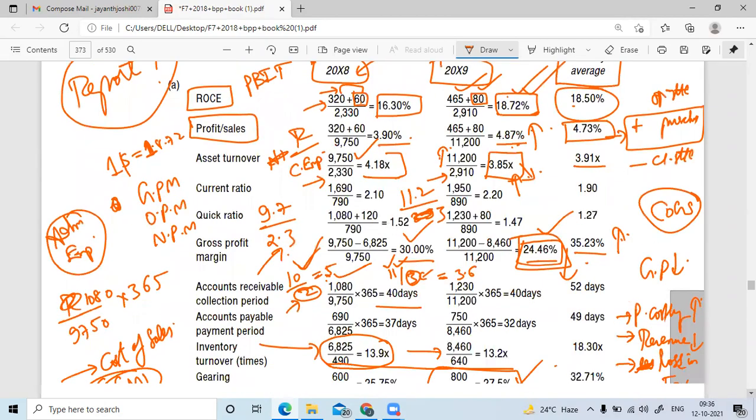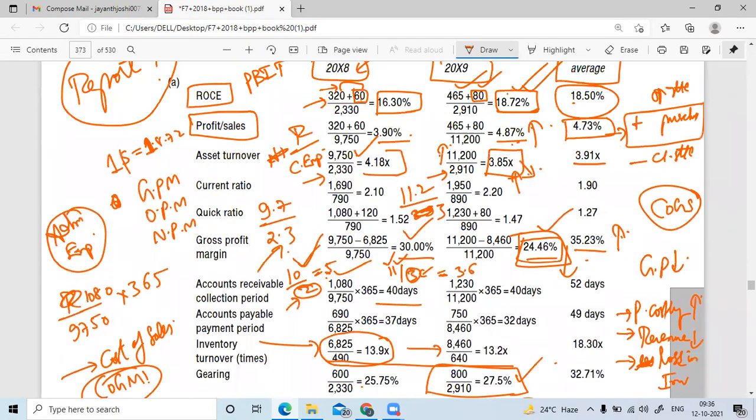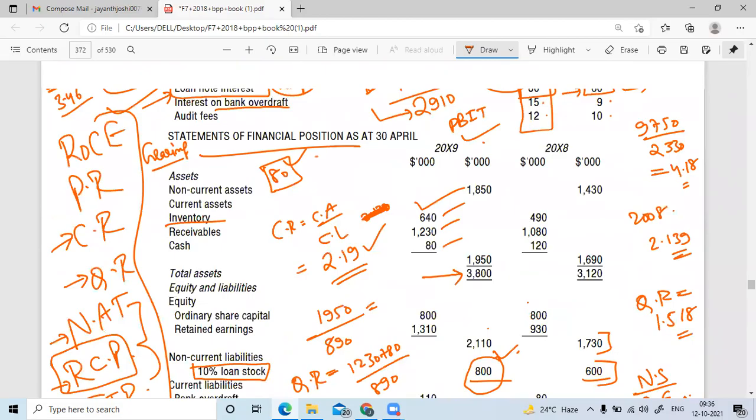Here you can clearly see in the year 2009 you have taken a higher loan, from 600 to 800.